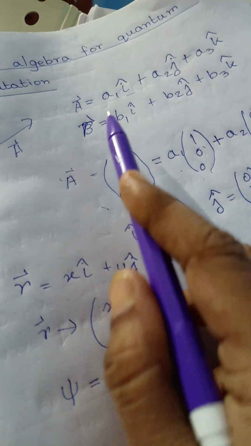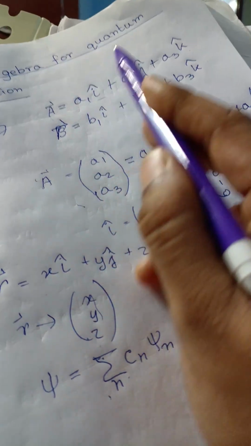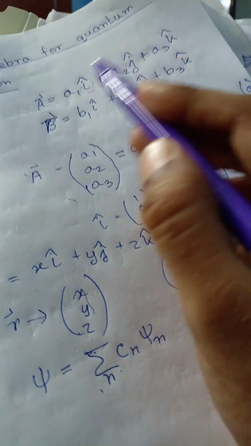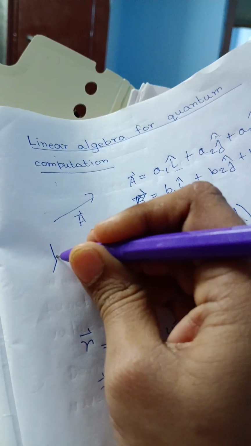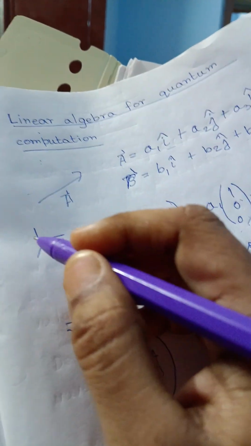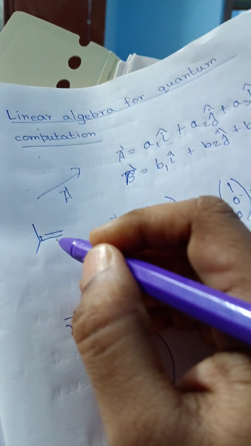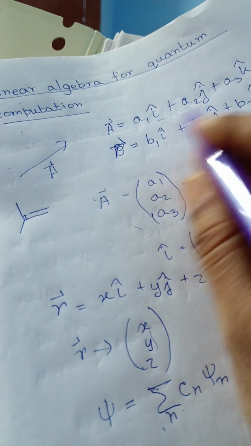Here, in case of a three-dimensional vector, we have only three components, three linearly independent components. This i, x-axis, y-axis and z-axis, they are mutually perpendicular to each other. That means they are linearly independent. X component does not depend on y component value, y component value does not depend on z component value, they are linearly independent.